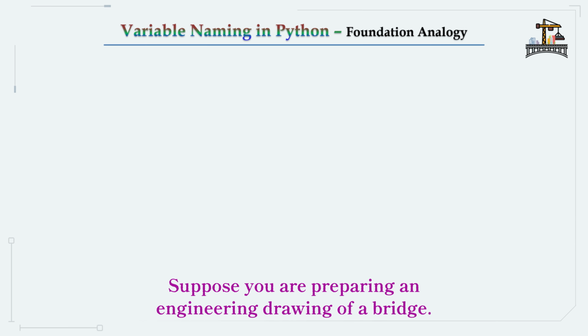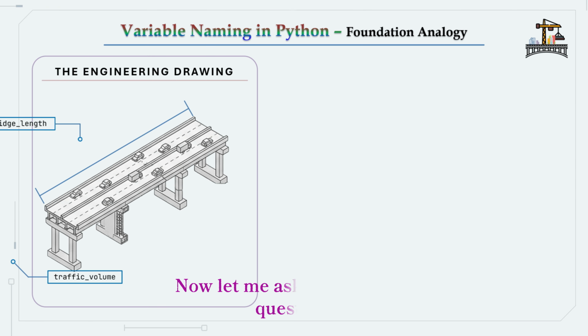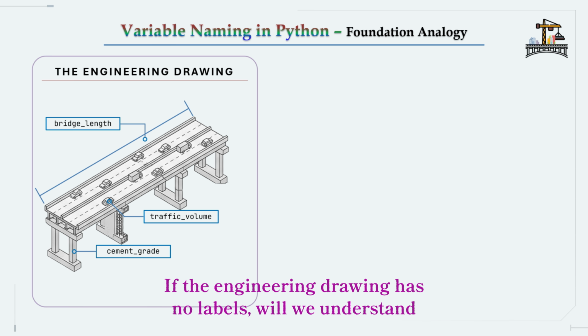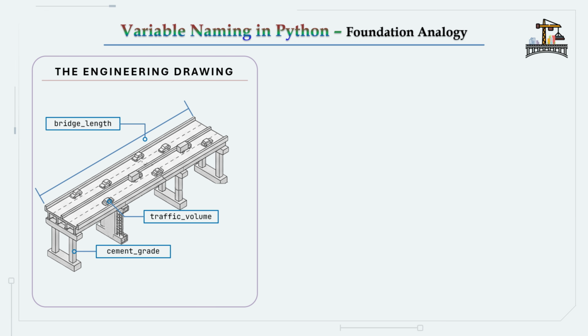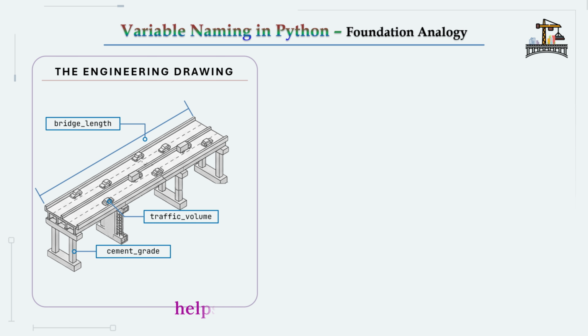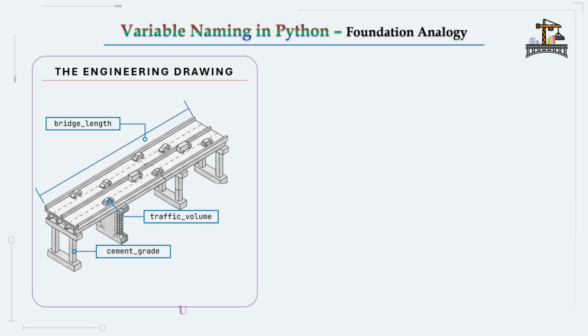Suppose you are preparing an engineering drawing of a bridge. Now let me ask you a simple question. If the engineering drawing has no labels, will we understand the drawing properly? Probably not, because labels help us to identify different parts clearly. Suppose labels such as bridge_length, traffic_volume, cement_grade.